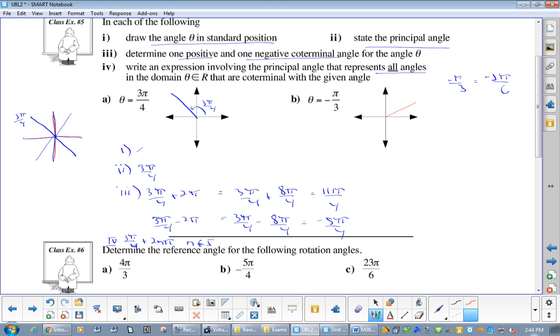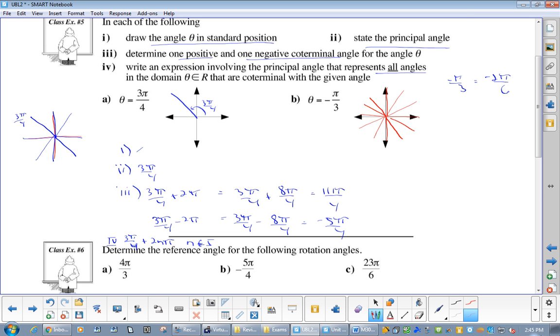This is 1 pi over 6, 2 pi over 6, 3 pi over 6, 4 pi over 6, 5 pi over 6, 6 pi over 6, 7 pi over 6, 8 pi over 6, 9, 10, 11, 12 pi over 6s. So the only things you really have to remember is all the ones divided by 4 and all the ones divided by 6.